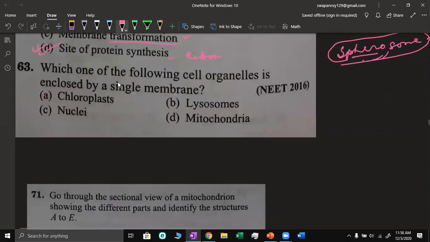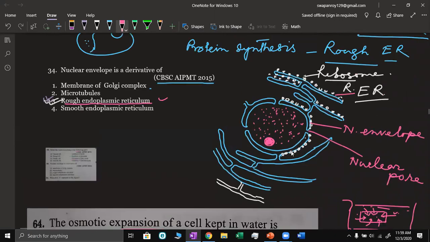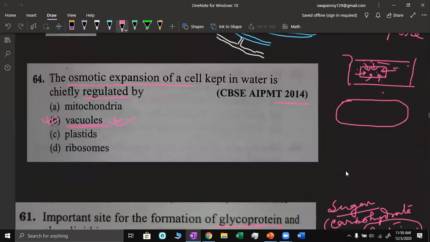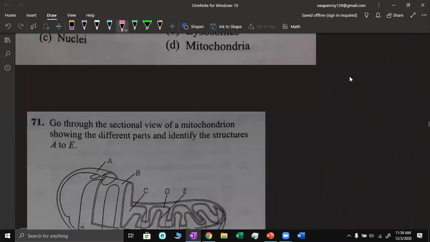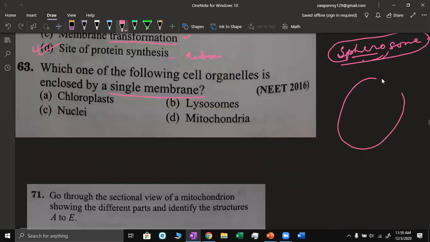Next is, which one of the following cell organelles is enclosed by a single membrane? Most of the cell organelles are covered with a double layer of membrane. Just now I told that the nucleus is bounded by two layers of membrane. The cell also is bounded by two layers of membrane.